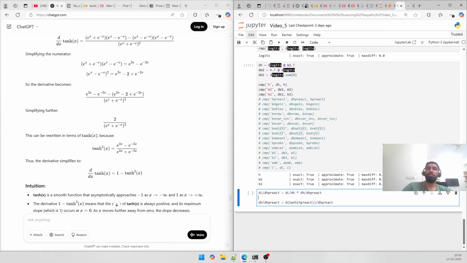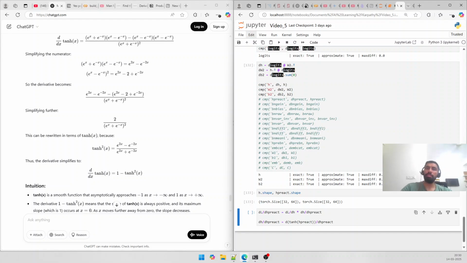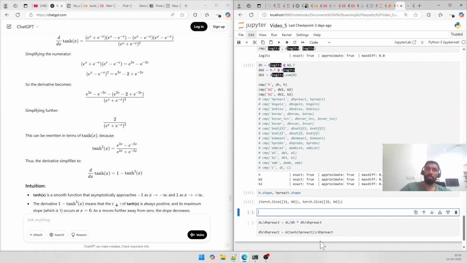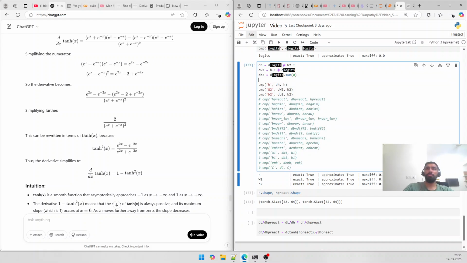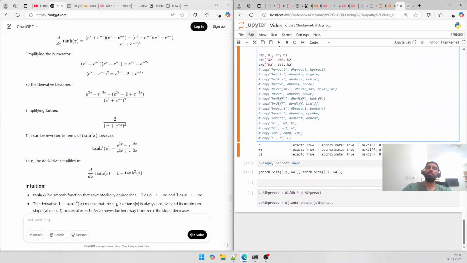Let me just check the shapes. H dot shape and HP React will be the same, so it's an easier one. So I believe DHP React will be equal to what we see here, right?